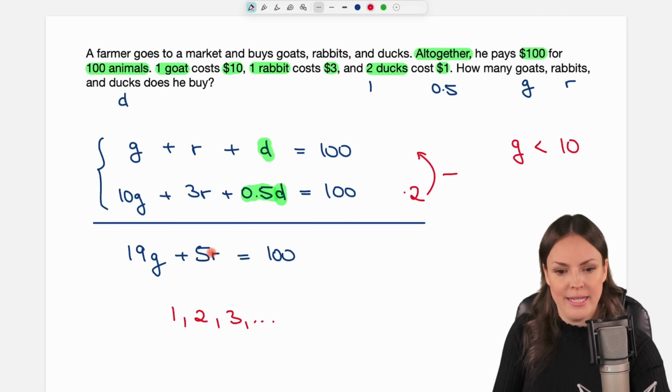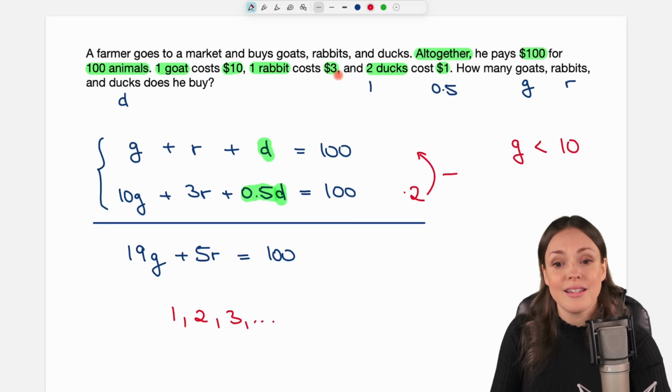And what about the rabbits? Each rabbit costs $3. He buys goats, rabbits, and ducks. So if he just bought one goat, because he has to buy at least one goat, and spends $10 on a goat, then of the $100, he would only have $90 for the rabbits and the ducks.